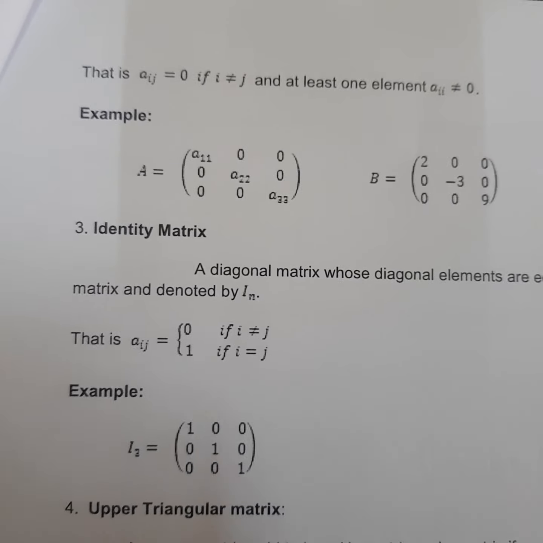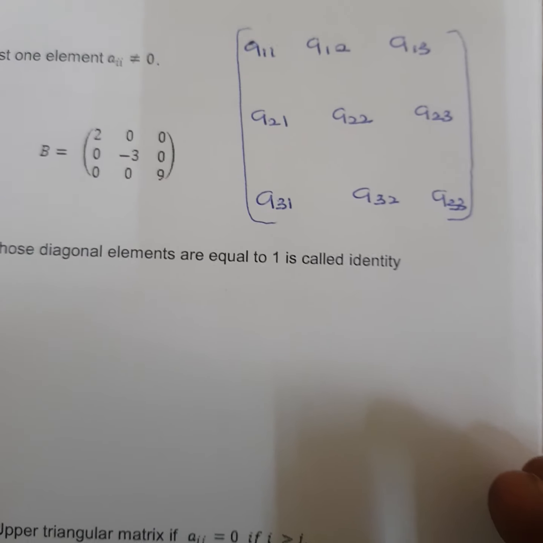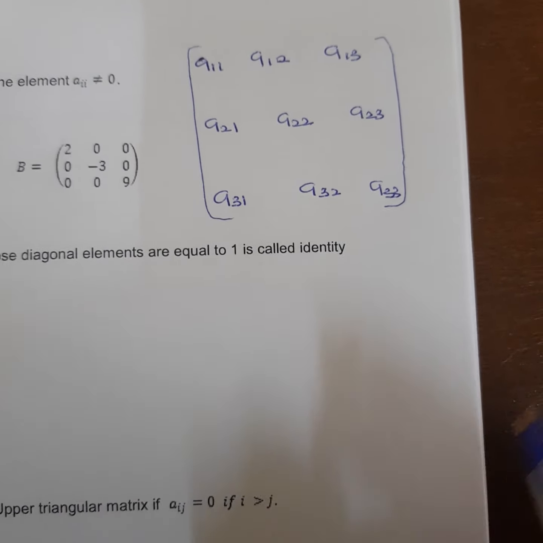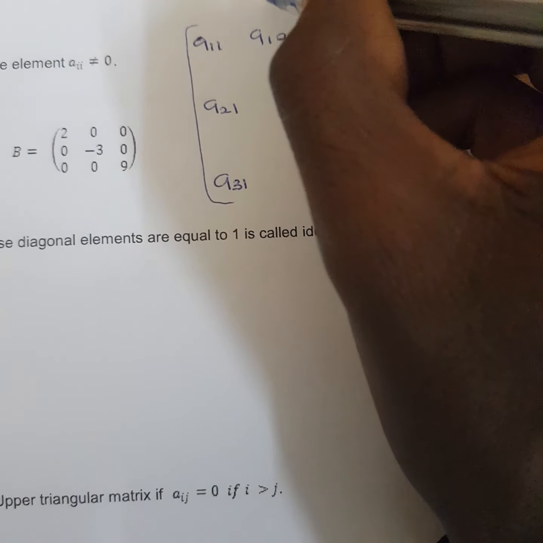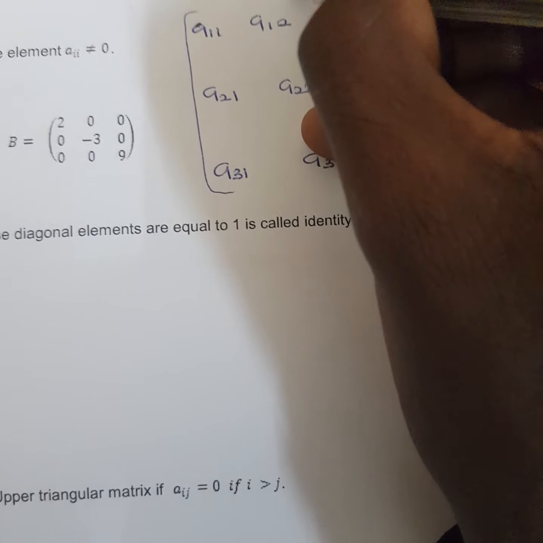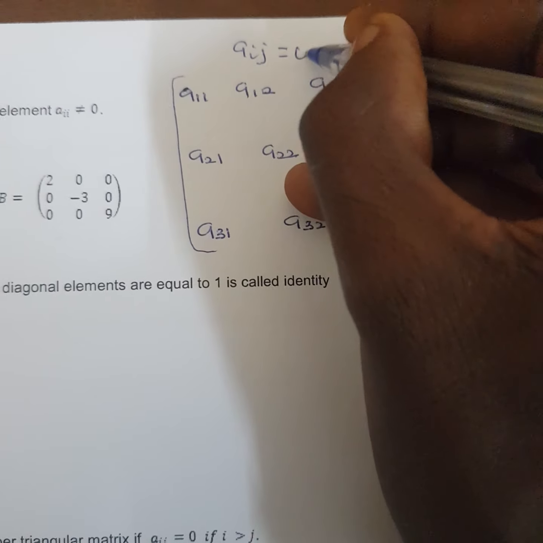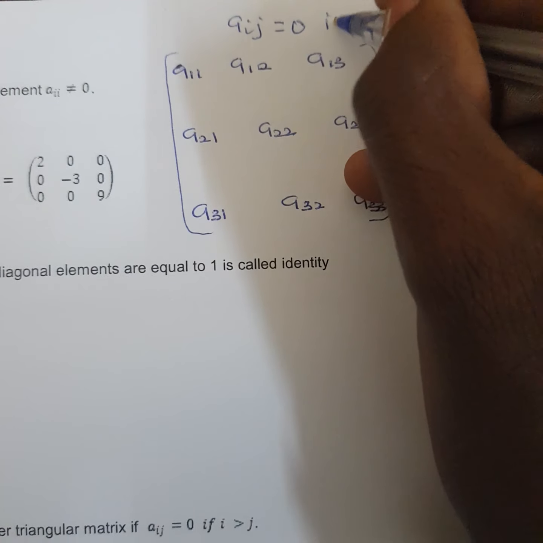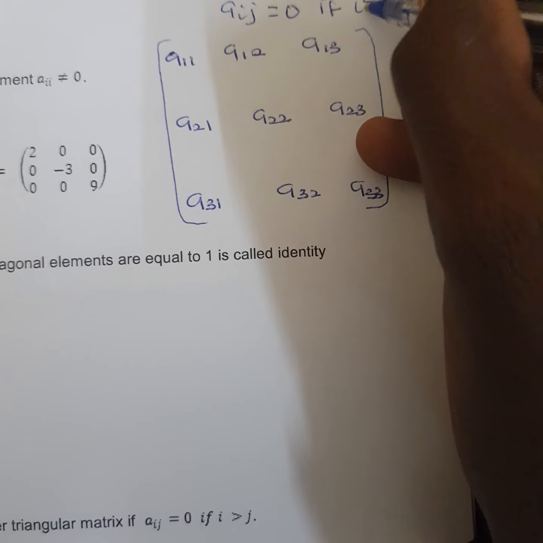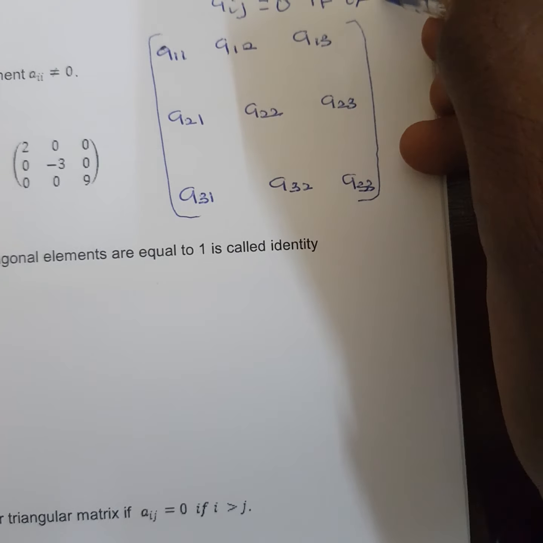Please, let's look at this so that you wouldn't be confused about what we are saying here. They are saying that aij is equal to 0 if i is not equal to j.